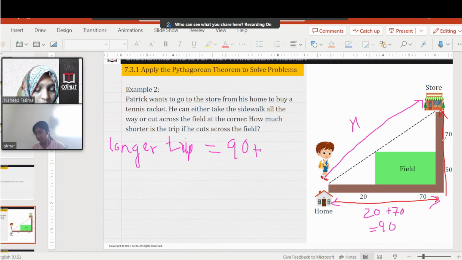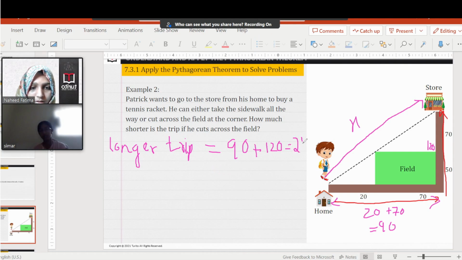And how much is this thing? 70 plus 50, 120. So the total longer trip is 210.